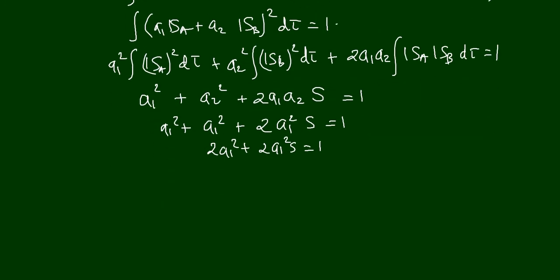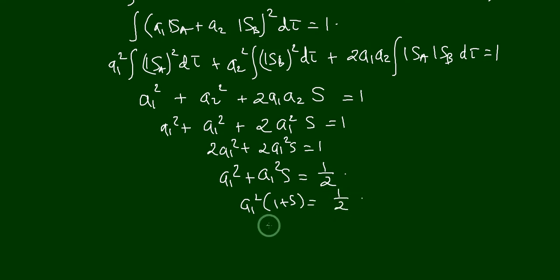Or a1 squared plus a1 squared S is equal to 1 divided by 2, or a1 squared into 1 plus S is equal to 1 divided by 2. So a1 squared is 1 divided by 2 into 1 plus S, and a1 is equal to 1 divided by the root of 2 into 1 plus S. So that's the value of a1.